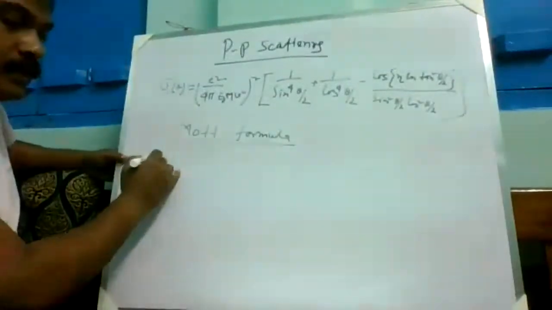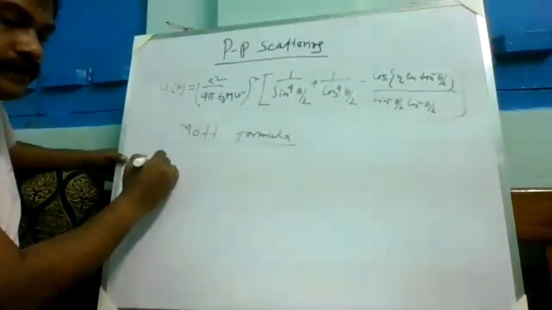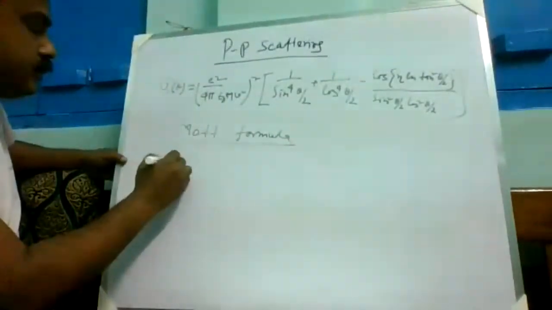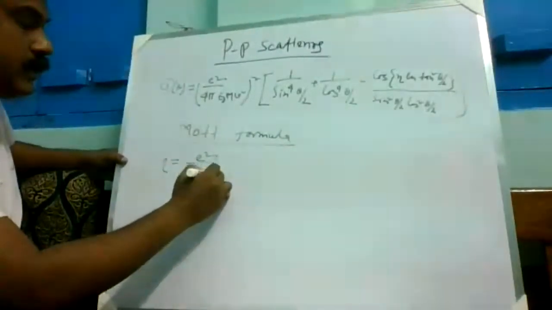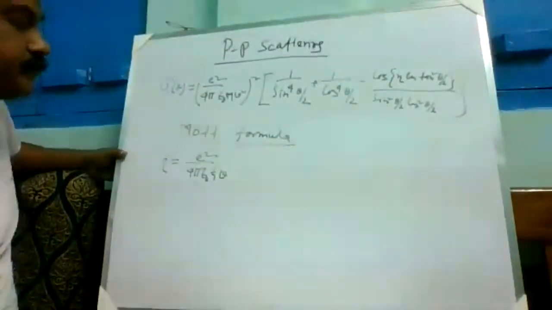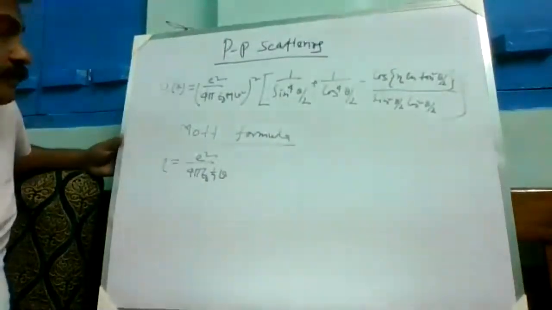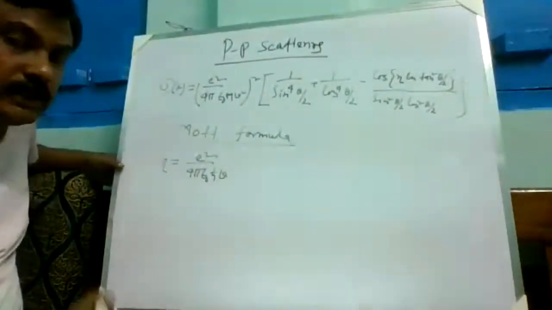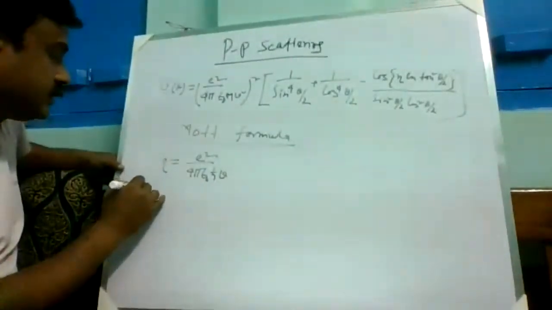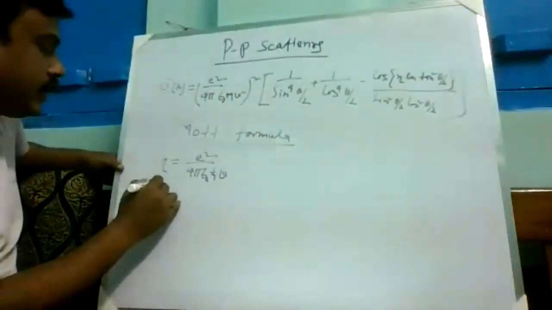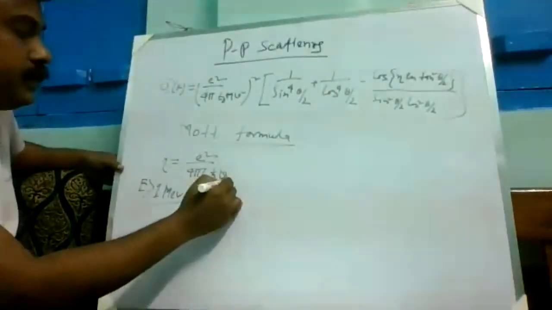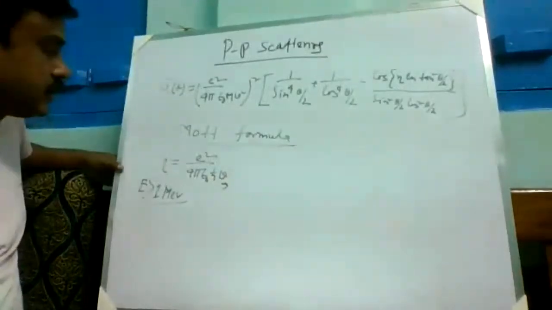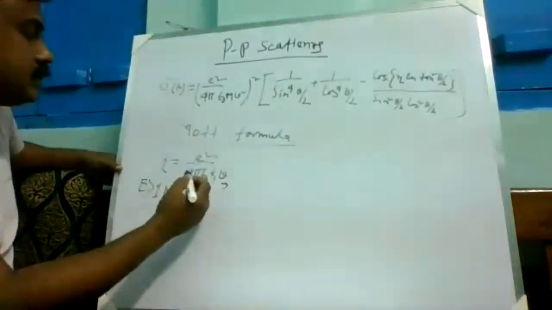We have eta equals to E square by 4 pi epsilon 0 h square b. Now for energy greater than 1 MeV for proton, this value of V will be larger and this ratio is very small.